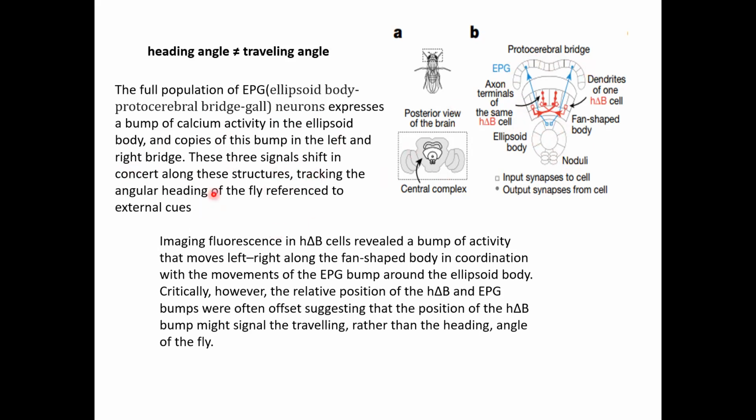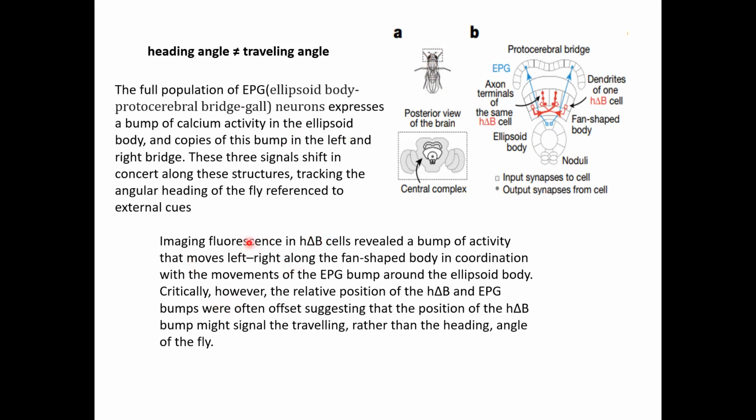And they track these three signals shifting in concert along these structures, tracking the angular heading of the fly in reference to external cues. This is for EPG. So the EPG moves in concert with the heading direction of the fly.